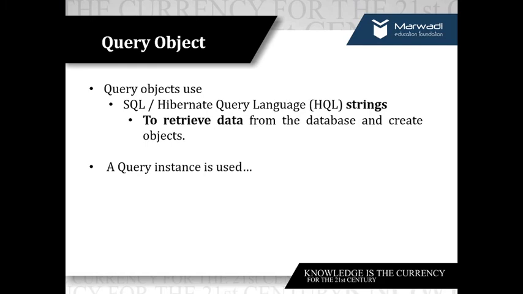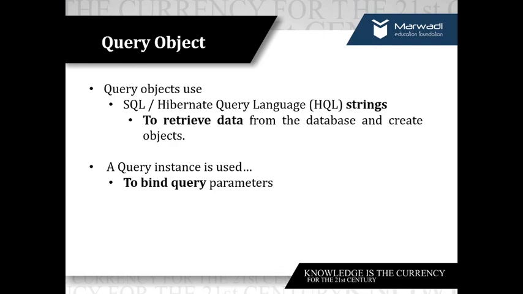And when is a query instance used? Basically it is used to bind query parameters. Yes, these parameters are very important. You use these parameters in JDBC programs. In a prepared statement you have used parameters, so you have used the prepared statement to bind these parameters, right?